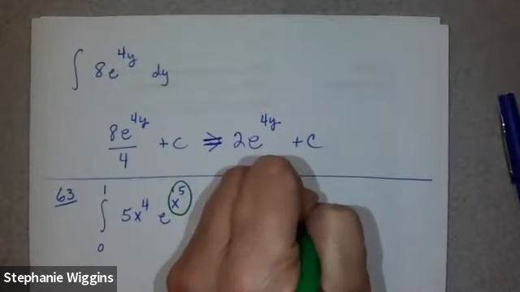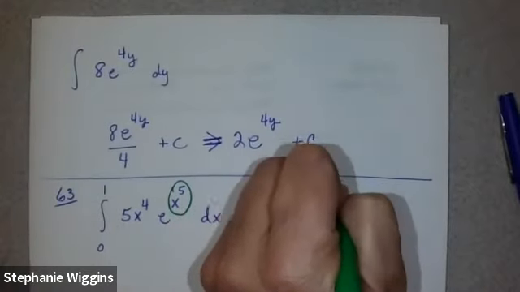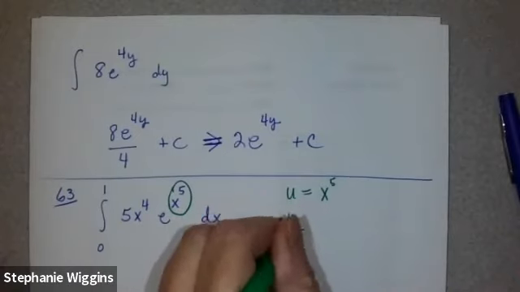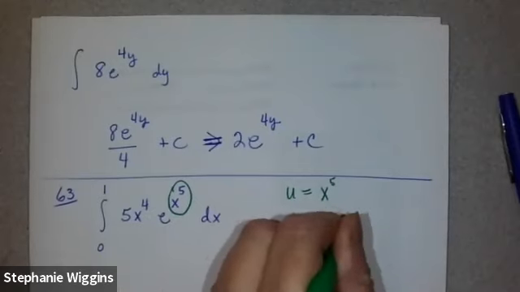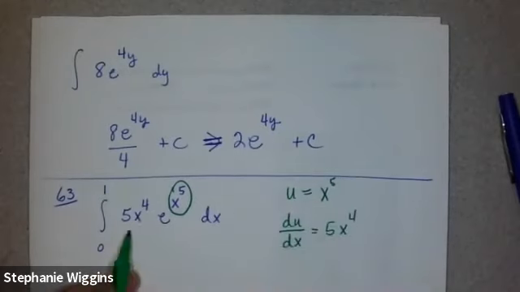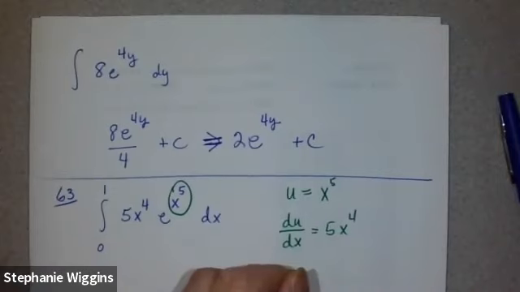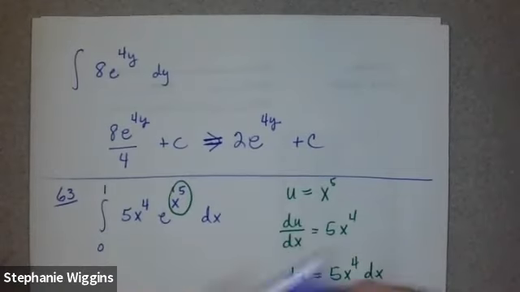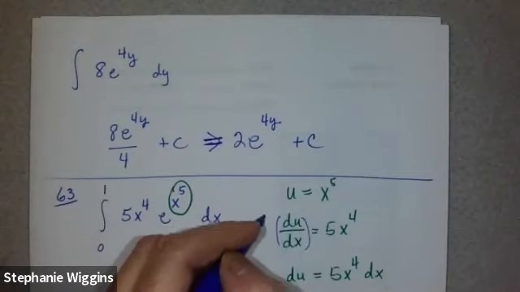So you're going to say U equals x to the 5th. Whatever that inside function is, that's your U. Then you calculate the derivative. And voila, that's right, sitting right there. So what you've got is that du is equal to 5x to the 4th dx, because what I'm going to do here is multiply both sides by dx.